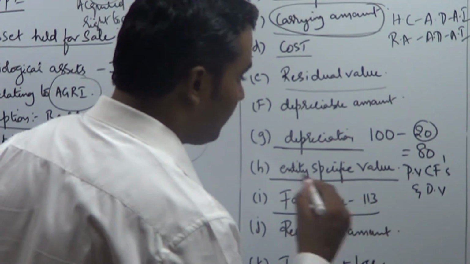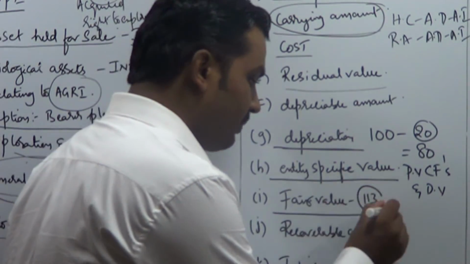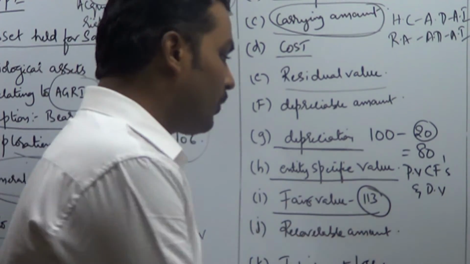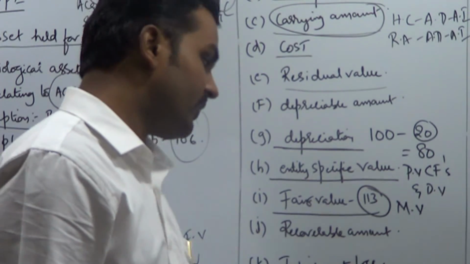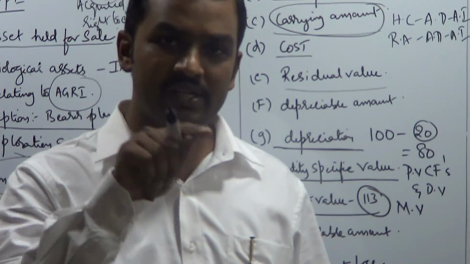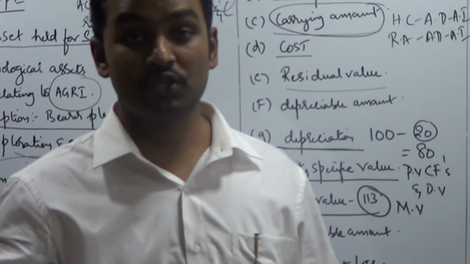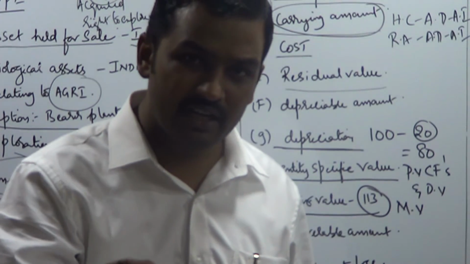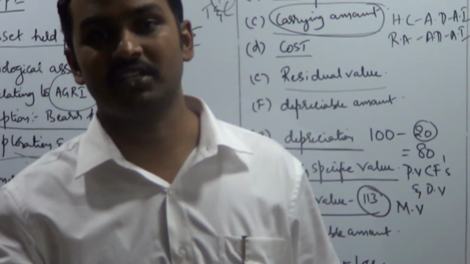Then we come to a very important term, fair value. Fair value determination is covered by a separate standard, Ind AS 113. Fair value can be equated to market value. Now, what is fair value as per Ind AS 16? It is the price that would be received to sell an asset or the price which would be paid to transfer a liability in an orderly transaction between market participants on the transaction date.